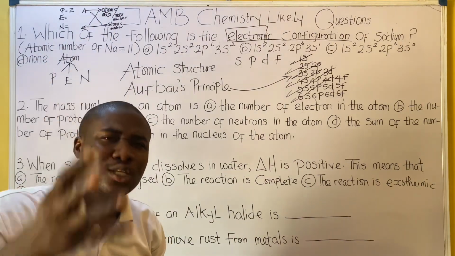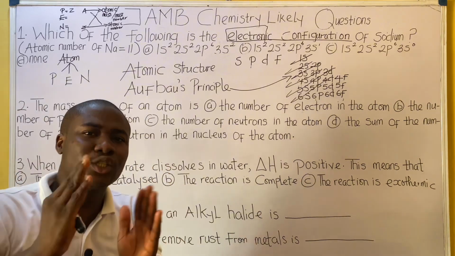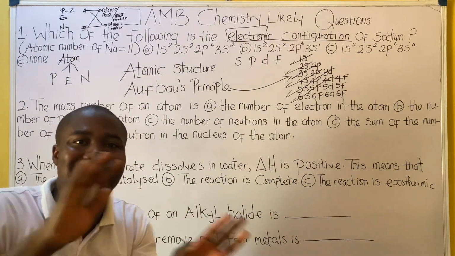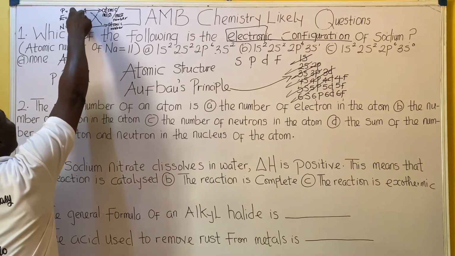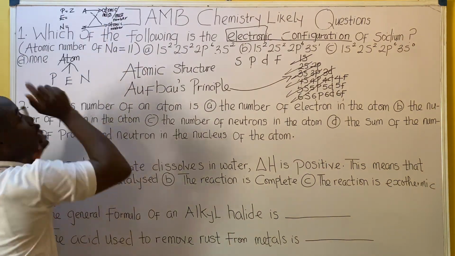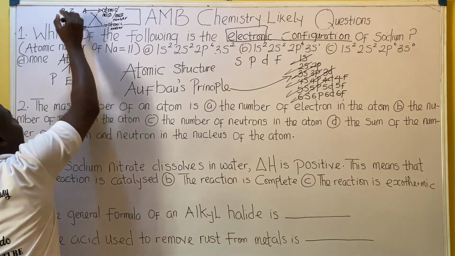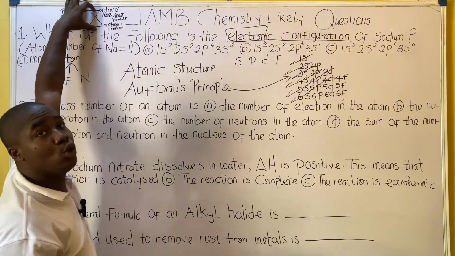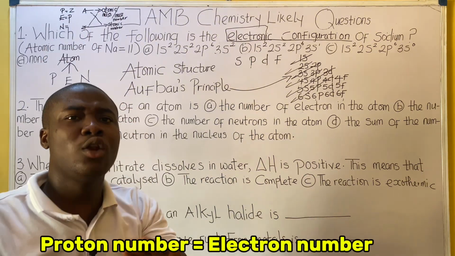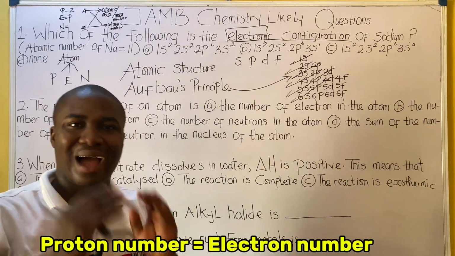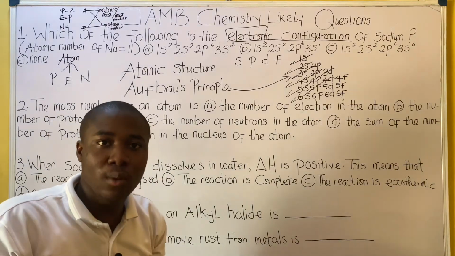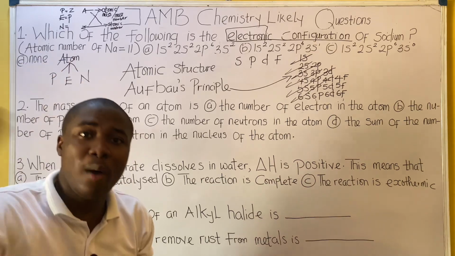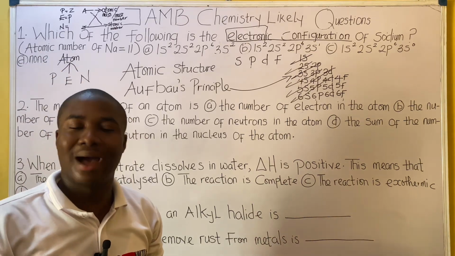But we have other atoms that are charged. For atoms that are neutral, your proton number and electron number are the same. So, since my proton number is Z, what is down, automatically my electron number should be my proton number as well. Because for a neutral atom like this, proton number is equal to electron number. But for those atoms with charges, either plus or minus, proton number is not equal to electron number.